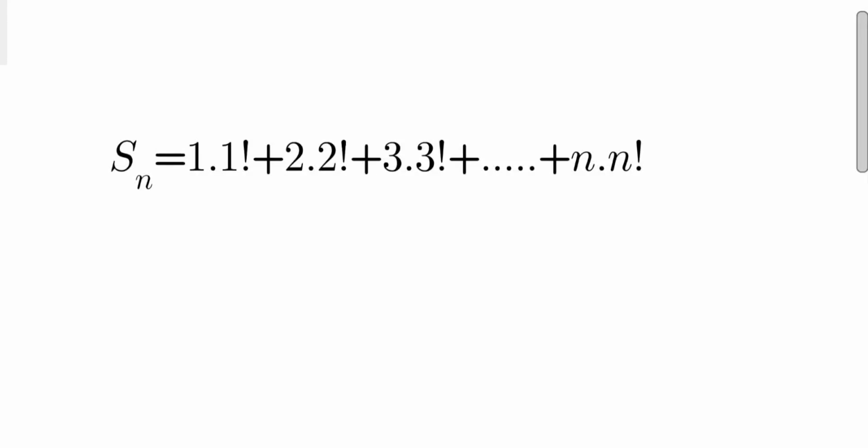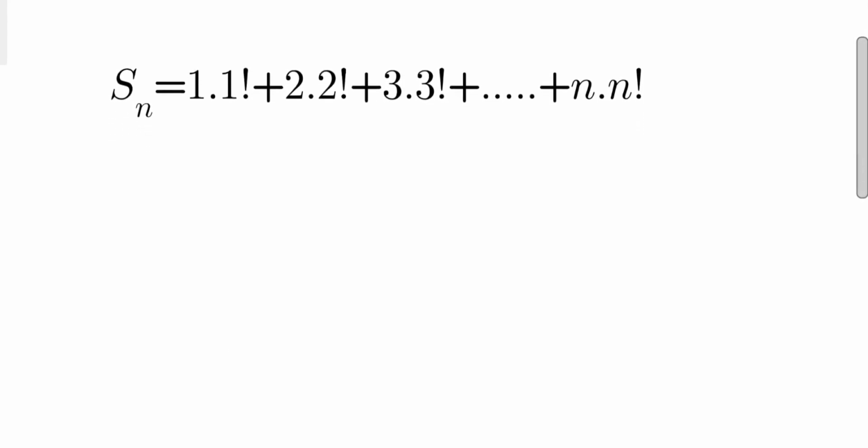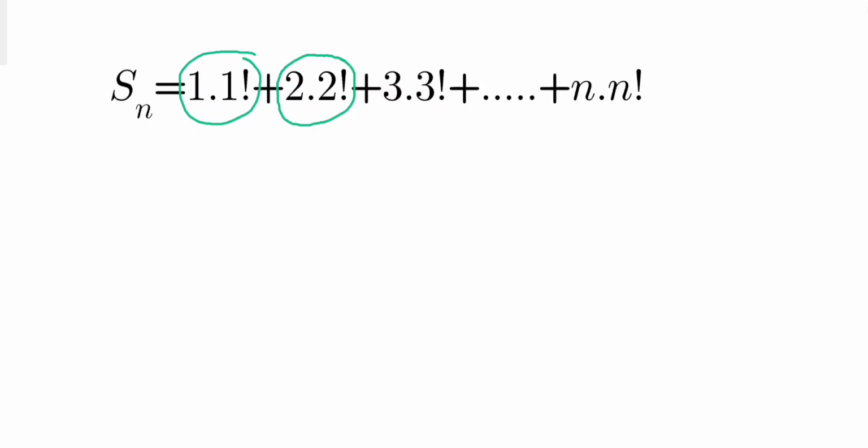So first we'll solve term by term and see if we can do some simplification. We'll take the first term, then the second term, and then we'll evaluate the nth term by observing some kind of pattern.